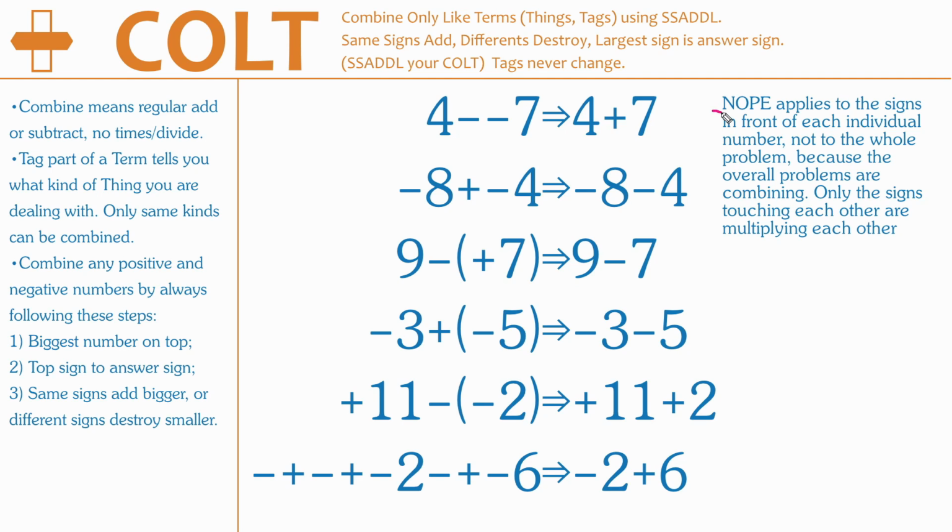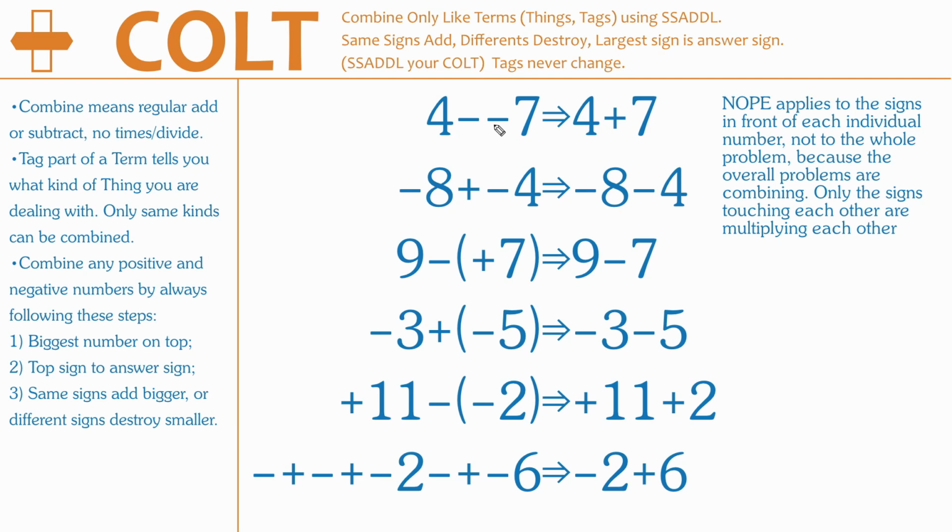Nope applies to signs in front of each individual number, not to the whole problem, because the numbers aren't multiplying each other, only the signs. Only the signs are touching each other, so only they are multiplying each other. So for example, minus times minus, or negative times negative, or subtract times subtract, wording doesn't matter. Just look at the sign, 2 negative signs next to each other.